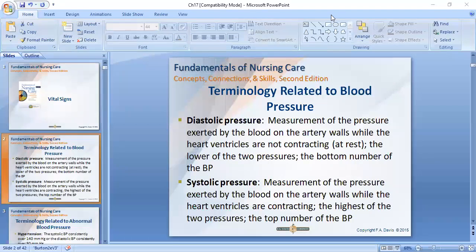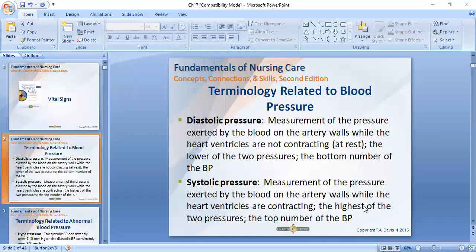First of all, systolic pressure is the measurement of the pressure exerted by the blood in the arteries while the ventricles are contracting. So systolic blood pressure we get when the heart is contracting. Diastolic we get when the heart is in the relaxed phase.